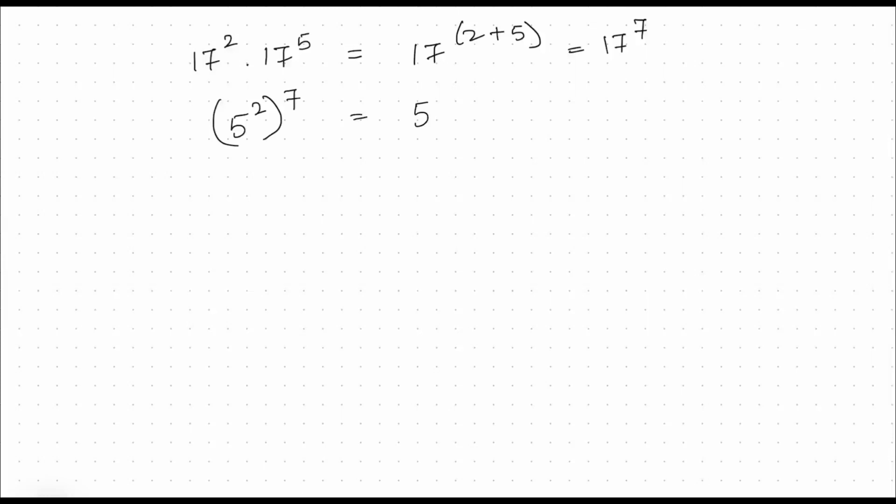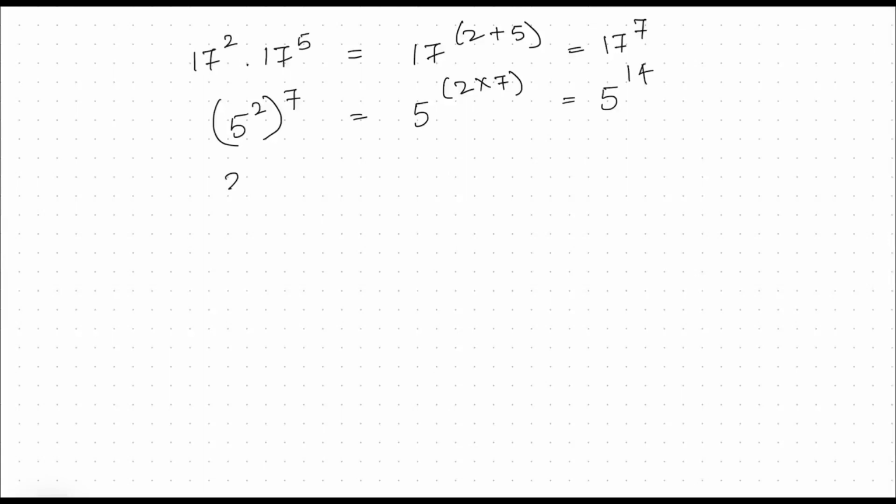Let's look at laws of exponents for real numbers. If we had to simplify 17 to the power of 2 into 17 to the power of 5, we'd add the exponents, which will give us 17 to the power of 7. Let's look at a different sum. 5 to the power of 2, bracket, to the power of 7. In this case, we will multiply the two powers, and this will give us 5 to the power of 14.